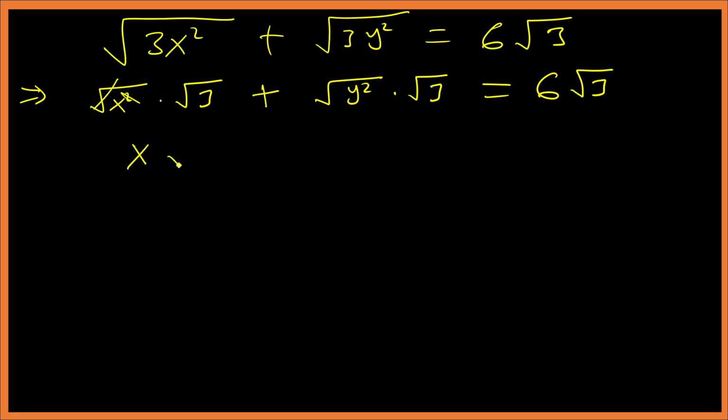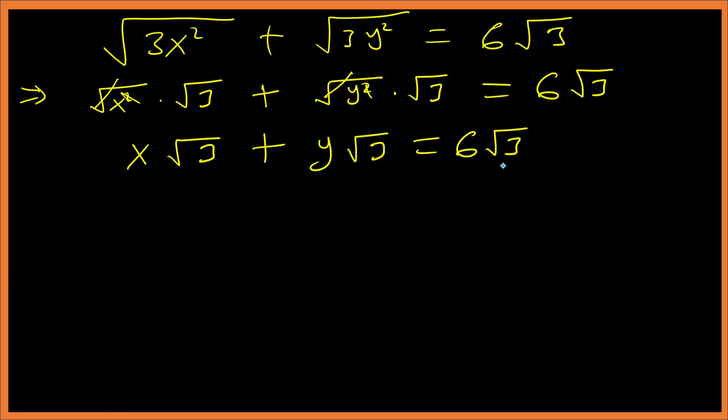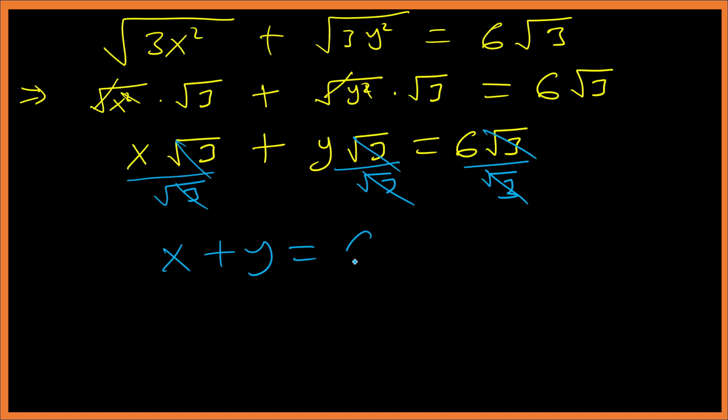I will be left with x root 3 plus y root 3 equals 6 root 3. Now from here we can get rid of the root 3, so we can divide through. So this side will cancel, this side will cancel, this side will cancel. I will have x plus y equals 6.